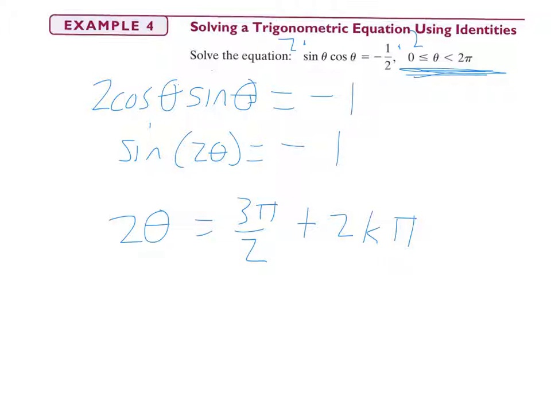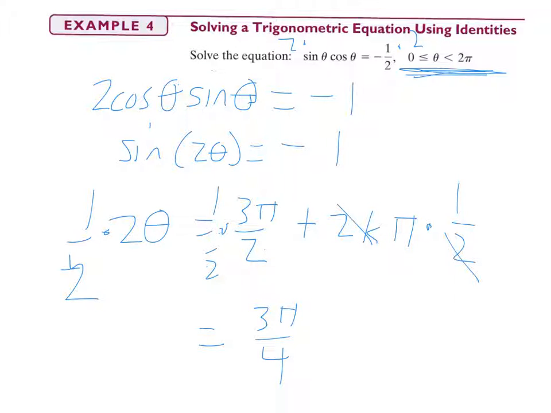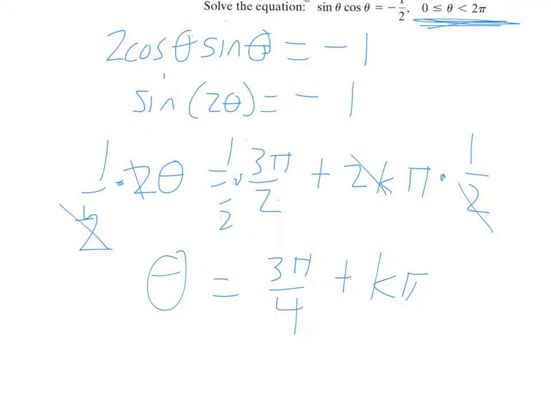So, if we solve for theta by multiplying everything by 1/2, the 2's would cancel out. That'd be 3 pi over 4 plus k pi. So theta is equal to 3 pi over 4 plus k pi. So when k is equal to 0, our angle theta would just be 3 pi over 4.